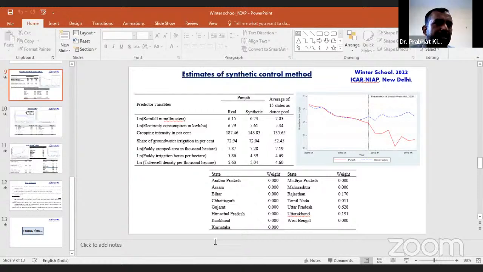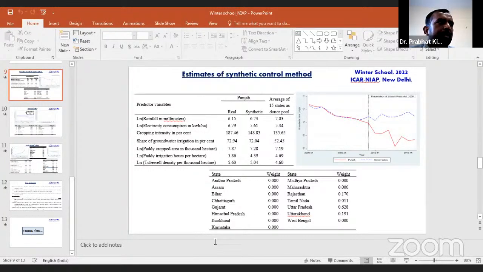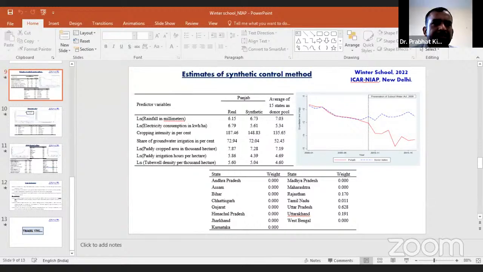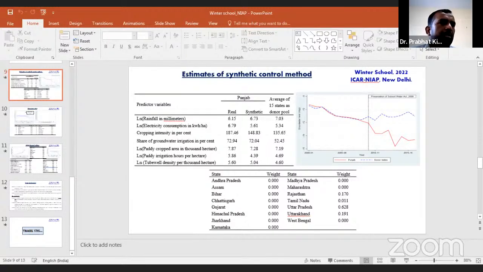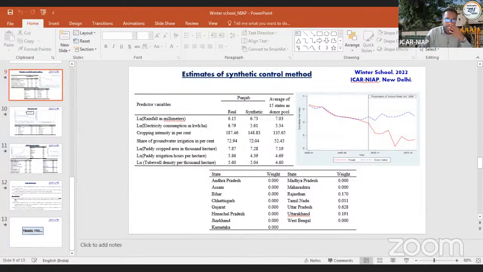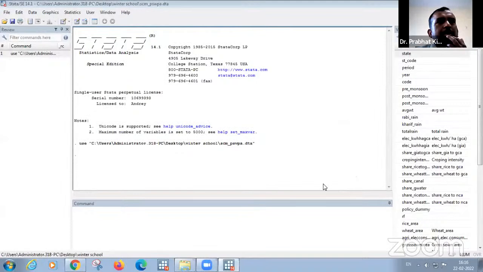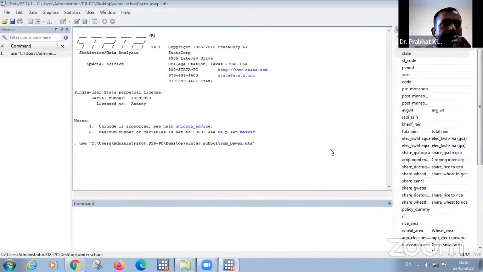Is the screen visible? Your slide PPT is visible, sir. Okay, then I will stop it. But you first stop your slide, doctor. First, actually, I stop it. Stop the share, then start. Sorry. Now it is visible. Yes, sir. Okay, sir. The data file is visible, right? Yes. Okay.